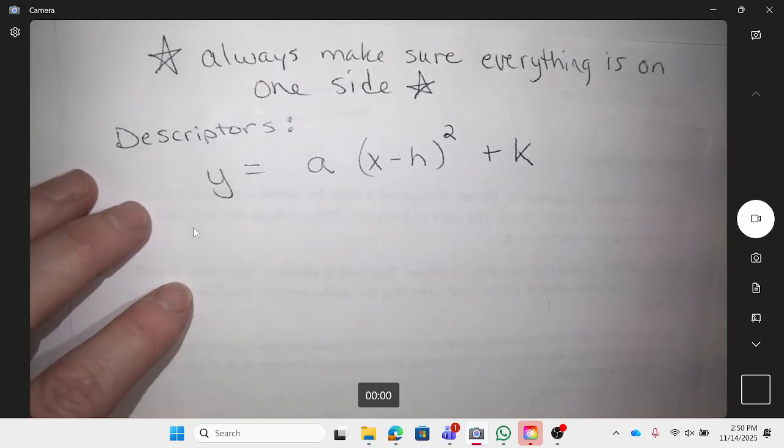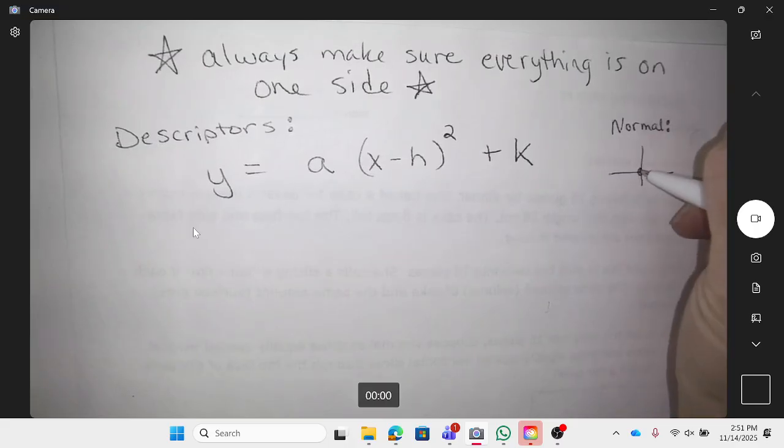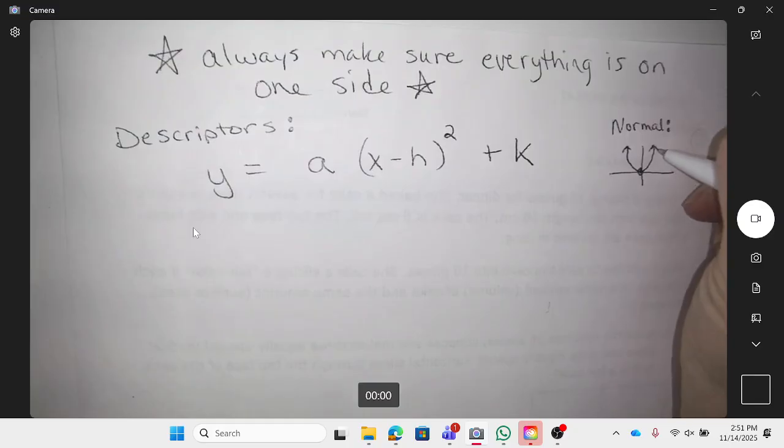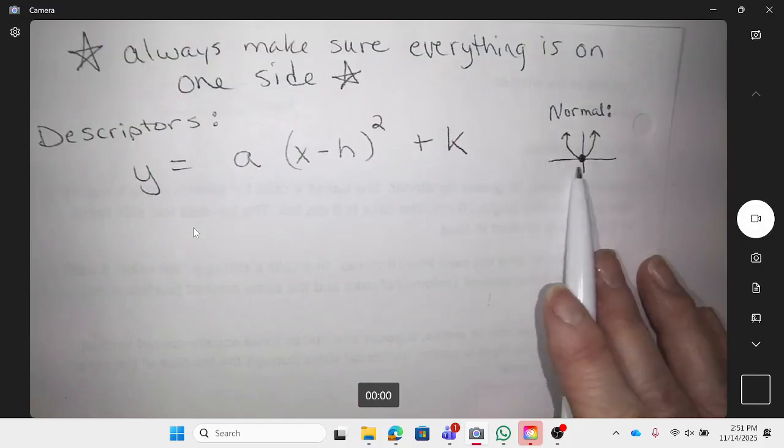Descriptors. We talked about descriptors. Do you all understand what the normal looks like? Okay? Right? That's our normal.